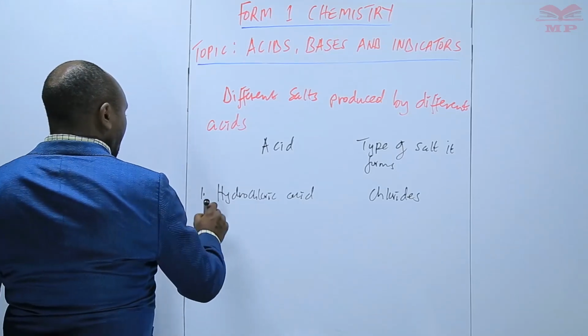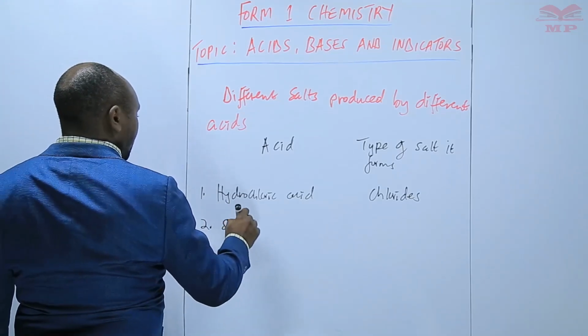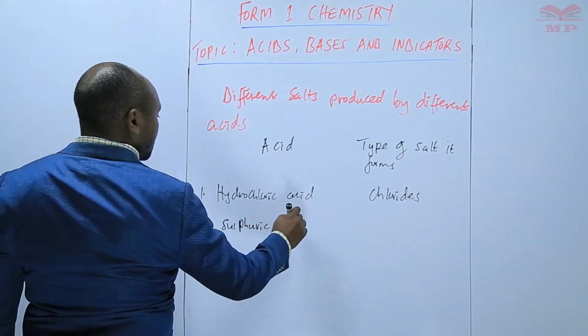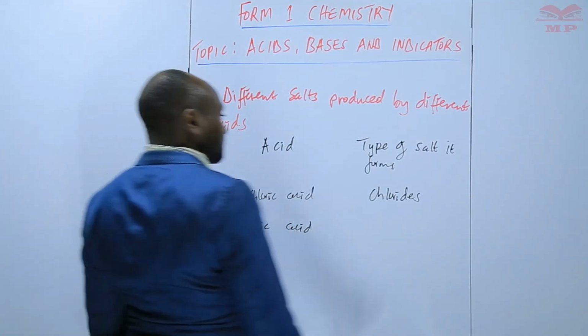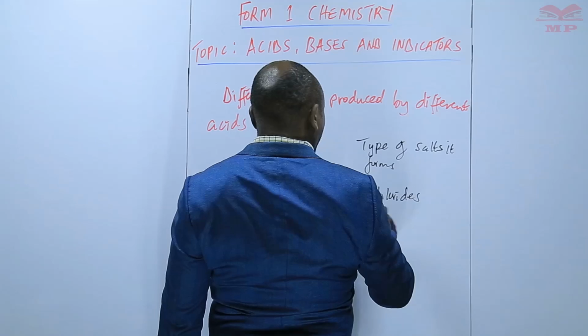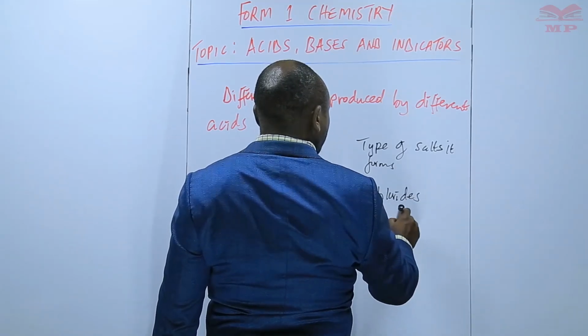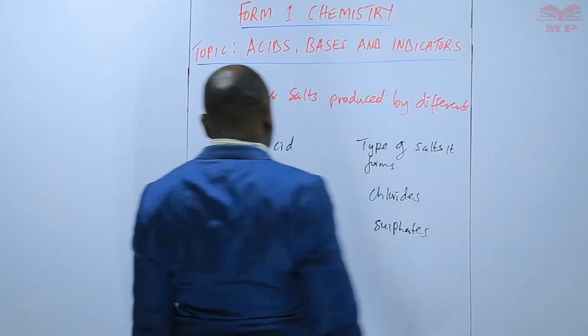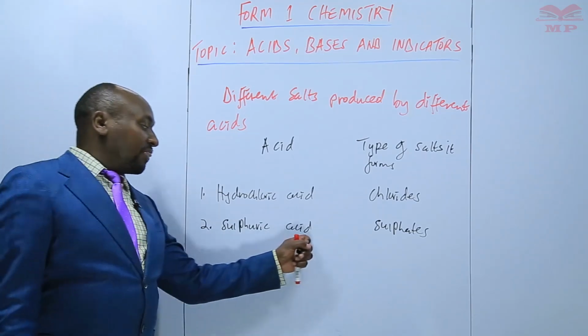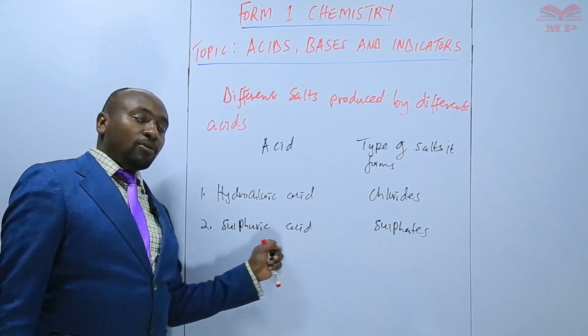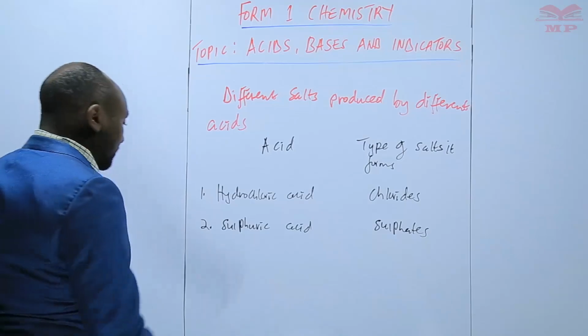If we take another acid such as sulfuric acid, then the type of salts that we get are called sulfates. So calcium sulfate, magnesium sulfate, they are salts obtained from sulfuric acid.